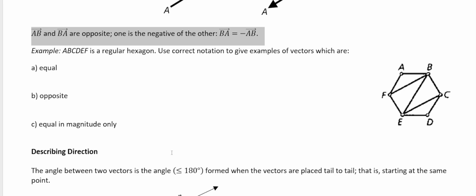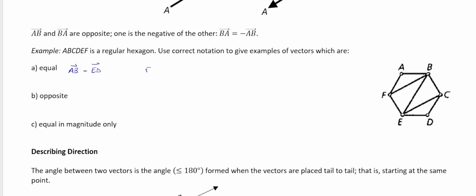Okay, so we have ABCDEF is a regular hexagon. Use correct notation to give examples of vectors which are equal, opposite, and equal in magnitude only. So some of the vectors that are equal here, we can say that like vector AB, which is going from A to B in this diagram, is equal to vector ED.